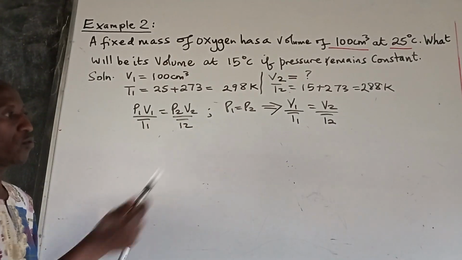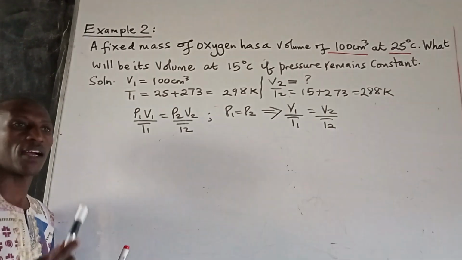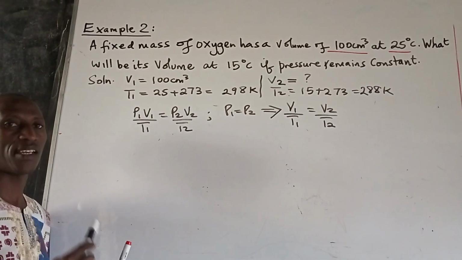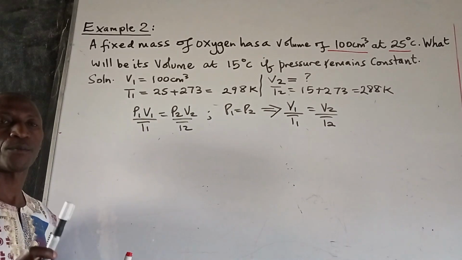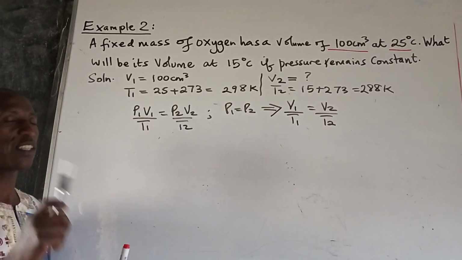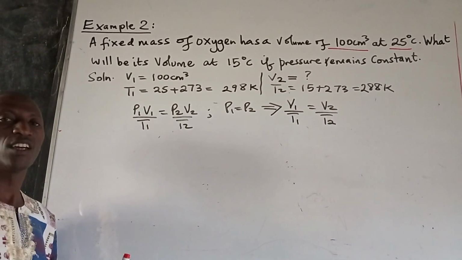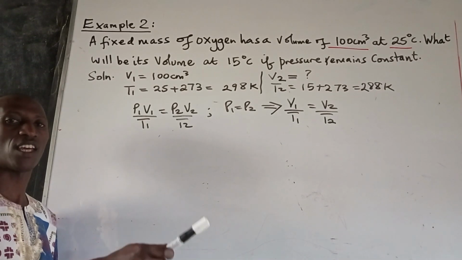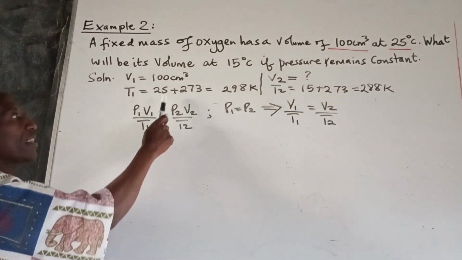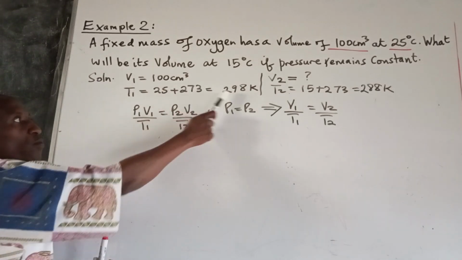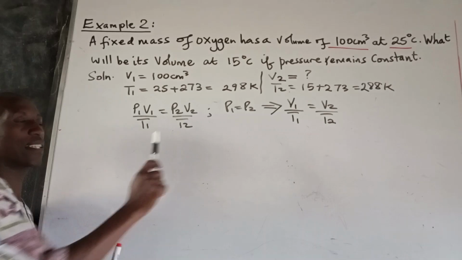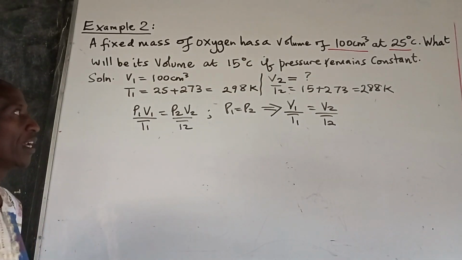Viewers, I'd like us to make a remark drawn from what we had done in question number 1, that when we are dealing with temperature that falls under Charles' law, we have to use the absolute temperature scale, the Kelvin scale, and that we change the degrees Celsius to Kelvin, and that is extremely important.